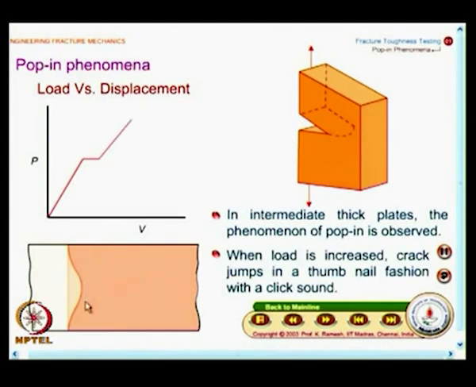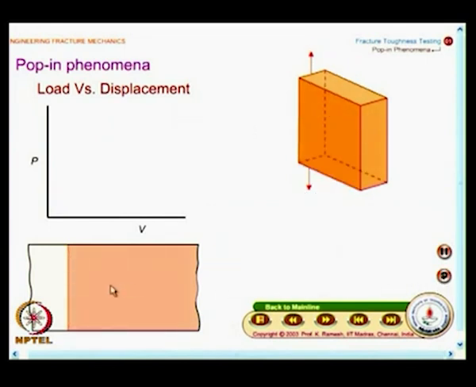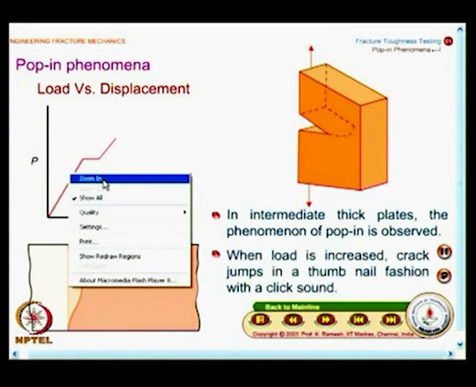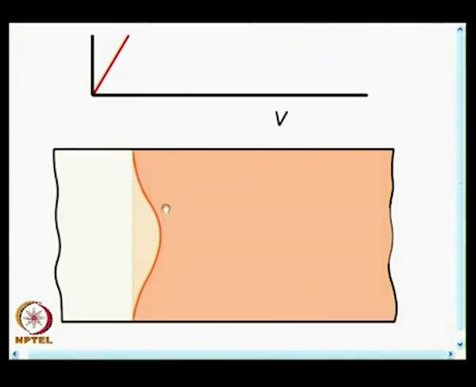Suddenly it jumps and stops there, it does not proceed further. The crack stops there, and you could see the enlarged picture of the thumbnail crack, that is what you see here.